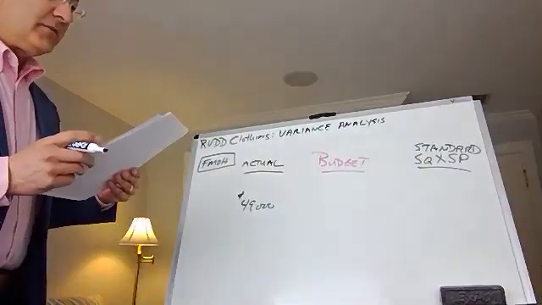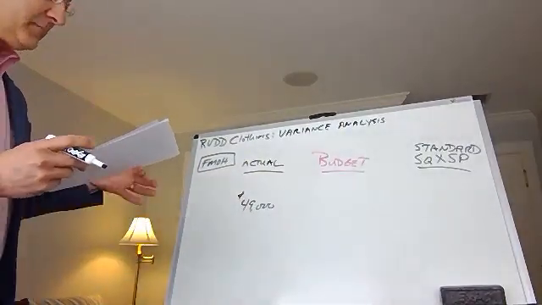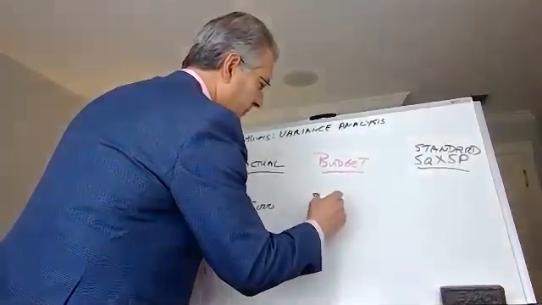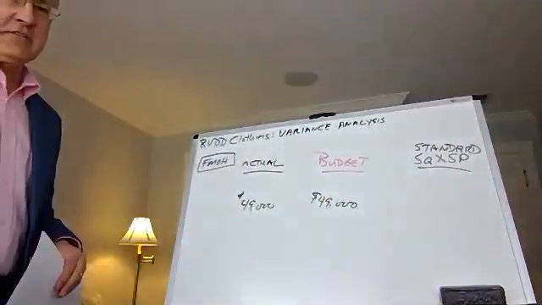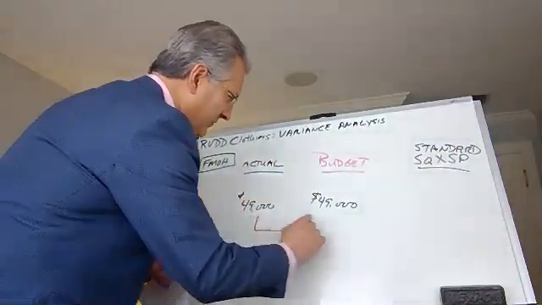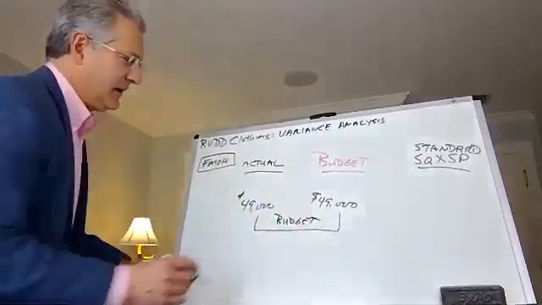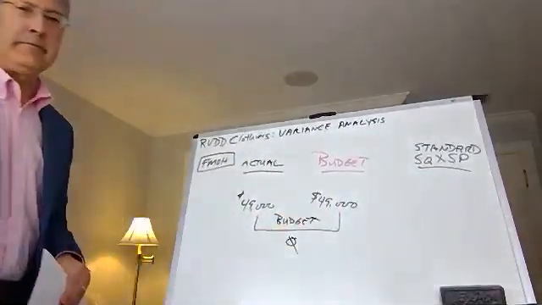And they also told us in the last paragraph of the problem that the budget number was also $49,000. The difference between these two numbers is called the budget variance. And here it's 0.